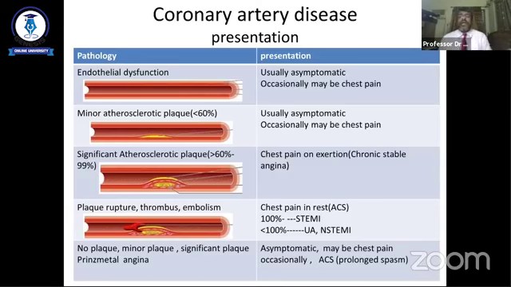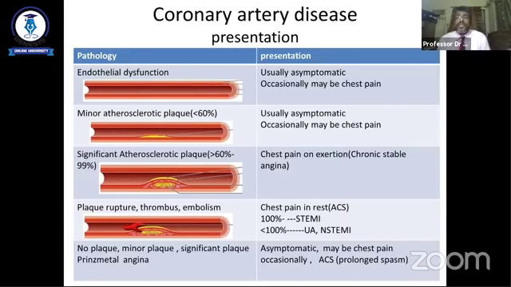Even this total obstruction for a prolonged period leads initially to ischemia of the cardiac muscles, and subsequently, if the ischemia persists, the cardiac muscles may die, and this dying condition is called infarction.